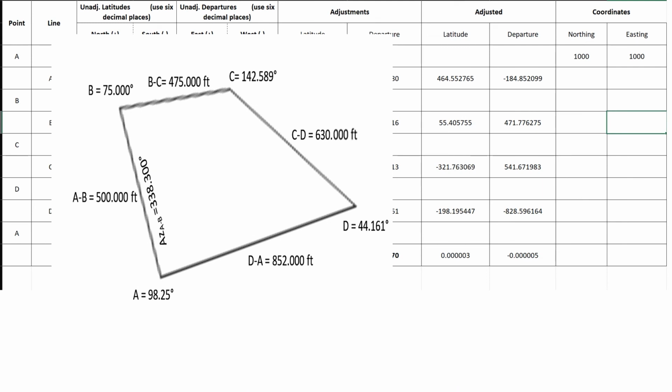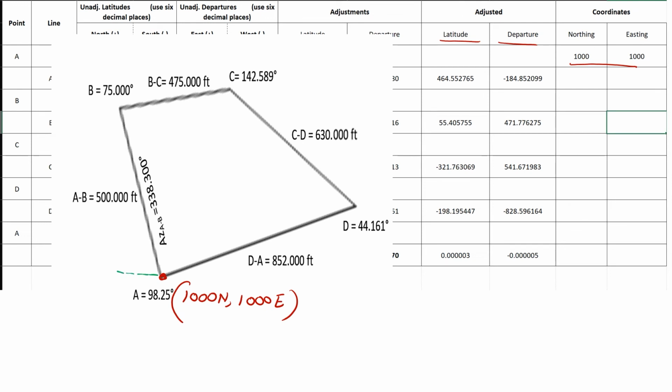So let's try to find the coordinates of the points, and to do that we just need the coordinate of one of the points and we need the final values of the latitude and departure. Okay, so here's our figure. So the coordinate of A is given to you. So this is 1000 north and 1000 east, right? So I want you guys to sketch the latitude and departure of the lines.